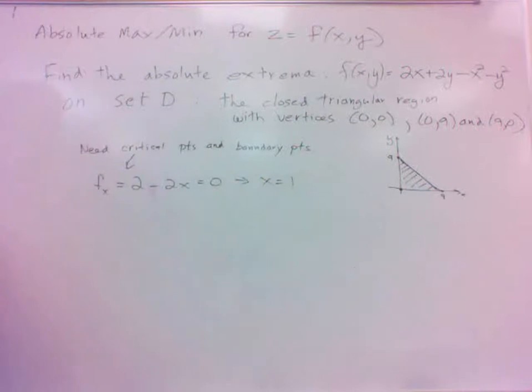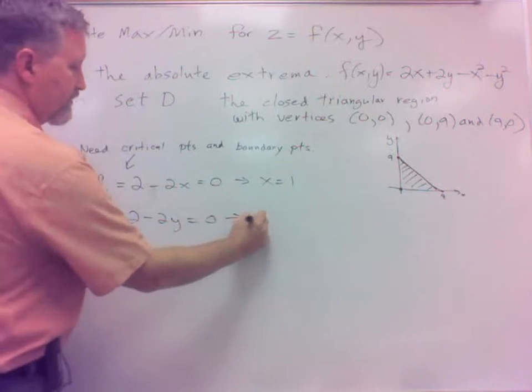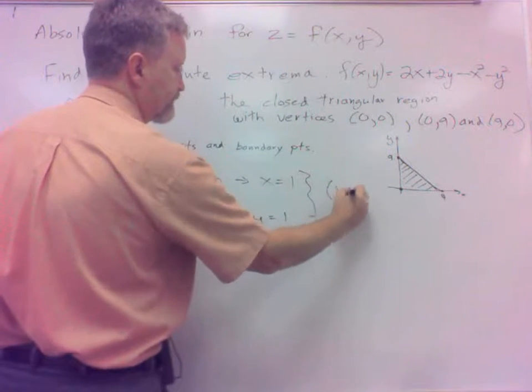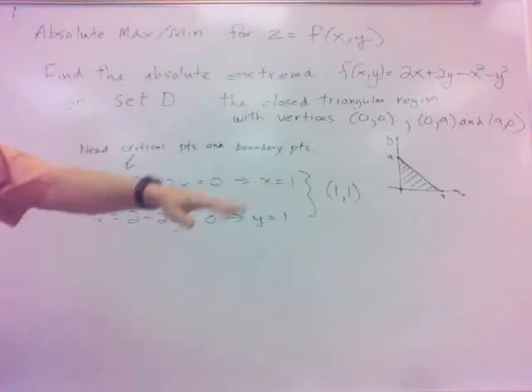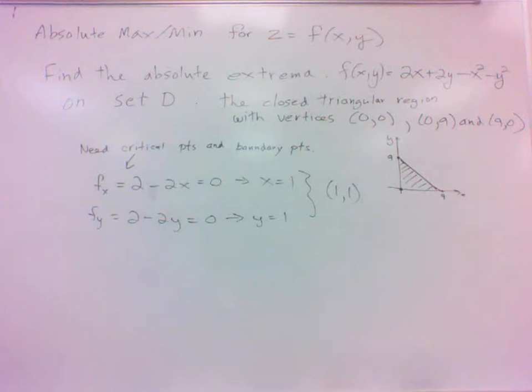Very similar for y, we'd have 2 minus 2y, set equal to 0, y equals 1. And so that's our critical point, (1, 1), which, notice, is in our bounded region. So it would be one point we're going to need to check.